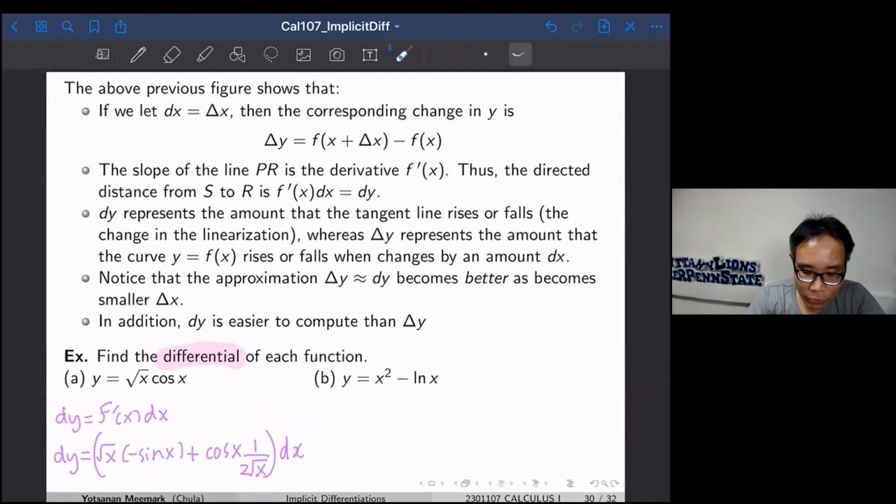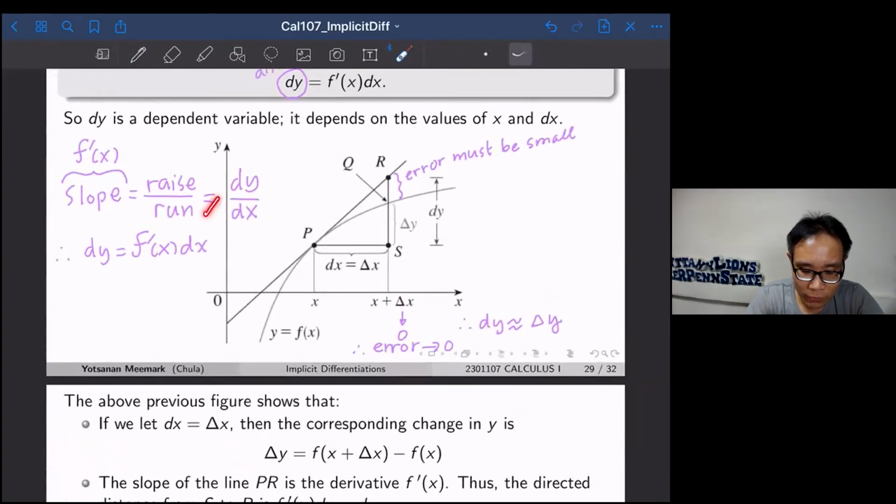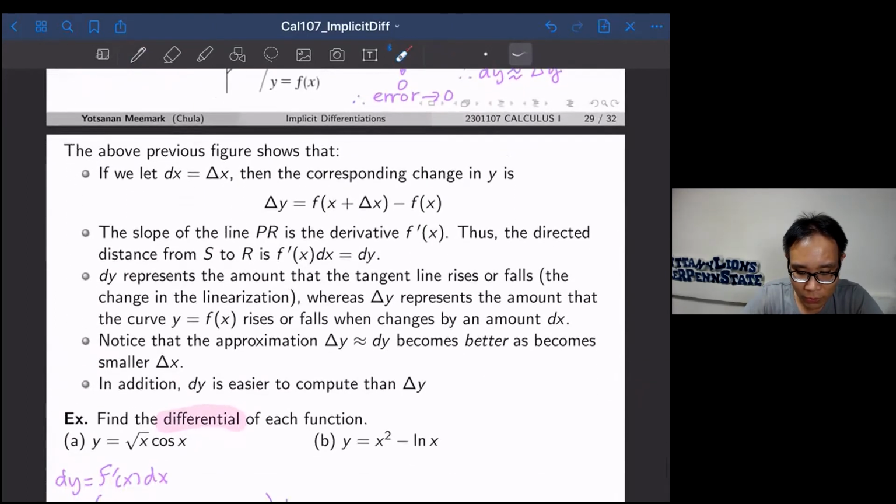The previous figure shows that if we let dx equal to delta x, then the corresponding change in y is delta y equal to f(x plus delta x) minus f(x). I explained already that the slope equals rise over run, and you have dy equal to f'(x) dx. So this is what it means. dy represents the amount that the tangent line rises for a change in linearization, whereas delta y represents the amount that the curve rises when x changes by the amount of dx.